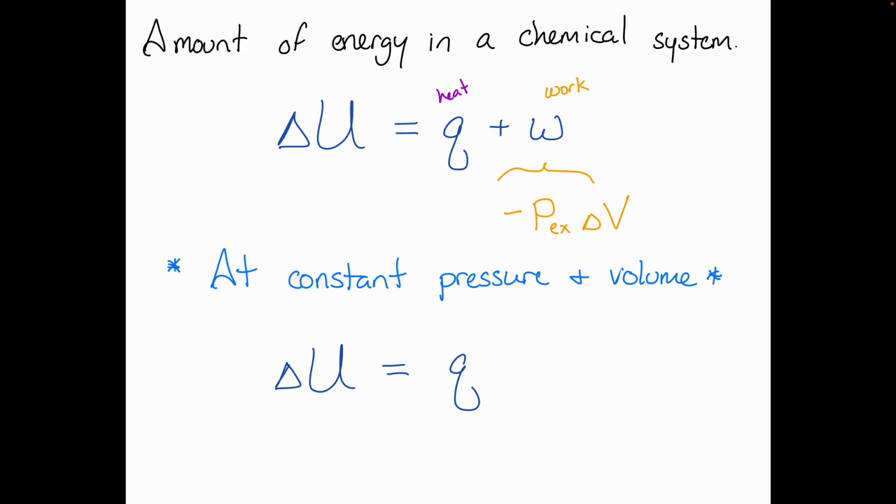Under these special conditions, we give this a special variable name. We don't call it Q anymore. We call it delta H. So at constant pressure and volume, changes to our internal energy are equal to changes in this new variable delta H, which we call enthalpy.